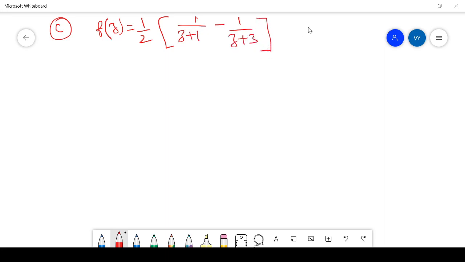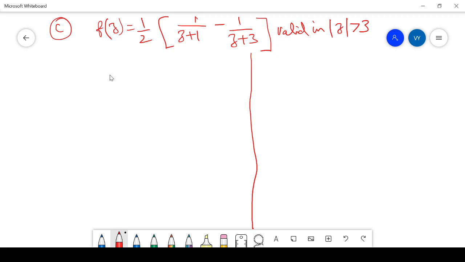Now you have to see this is valid in mod z greater than 3. So the region of validity is changed from 0 less than mod z plus 1 less than 2 to mod z greater than 3. That is exterior to the circle mod z is equal to 3.